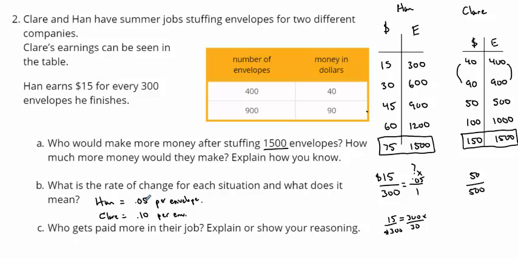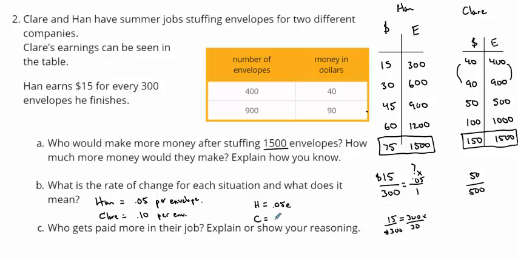So this unit rate, this rate of change, we could say that, well, we know that Claire gets paid more per envelope. This rate of change, Han makes 0.05 per envelope.